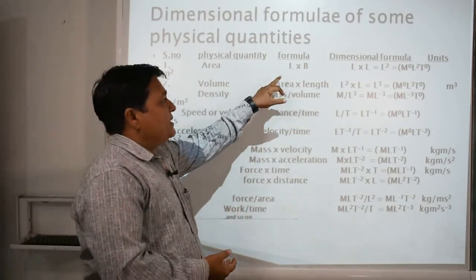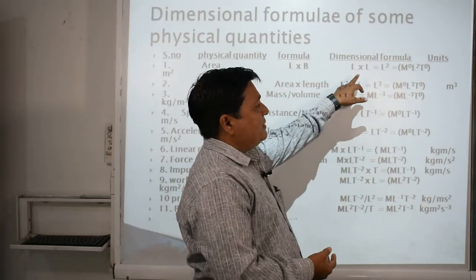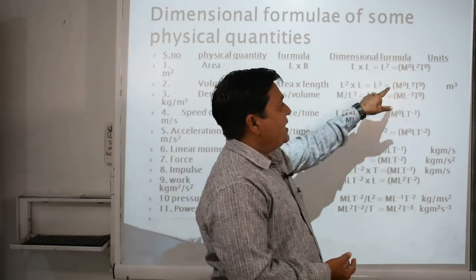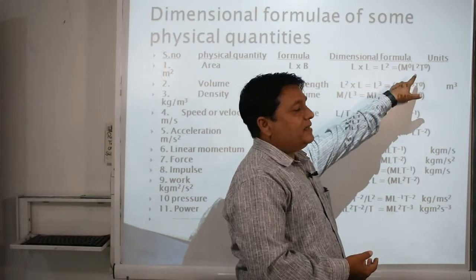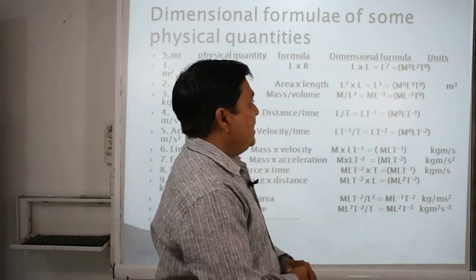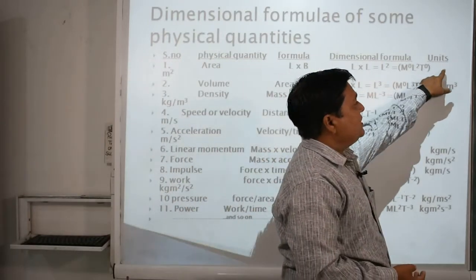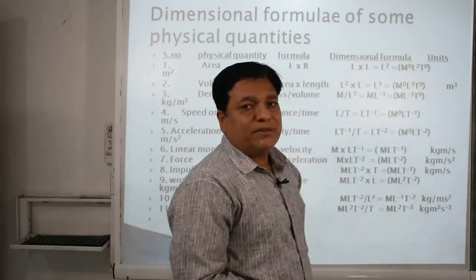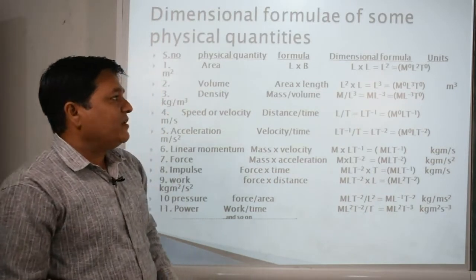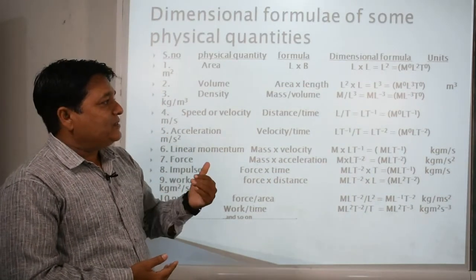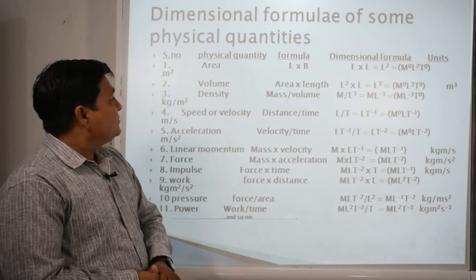Length is measured in length, breadth is also measured in length. L into L is L square, but in dimensional form we write M to the power 0, L square and T to the power 0, and its unit will be m square. The unit of area is m square, because its dimensional formula is M to the power naught, L square and T to the power naught.